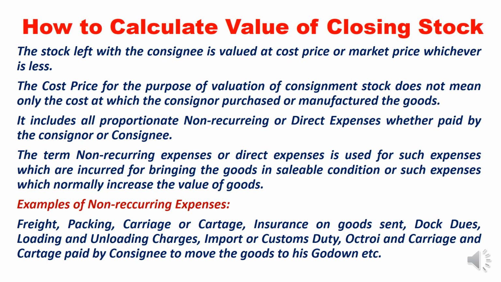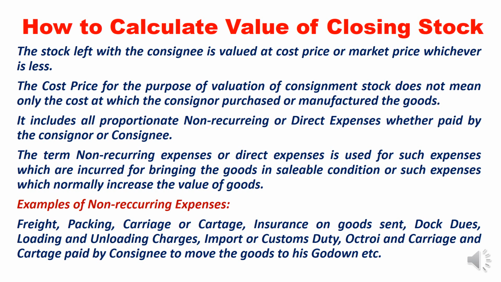There are some examples I have furnished here. The non-recurring expenses are freight, packing, carriage, cartage, insurance on goods sent, dock dues, loading and unloading charges paid by the consignor, import or custom duty, octroi, carriage and cartage paid by the consignee to move the goods to his godown.